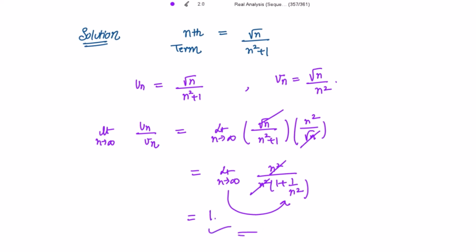This limit is non-zero and finite. So let's take one of these series and check which will be convergent or divergent. The easier way to check is from Vn.